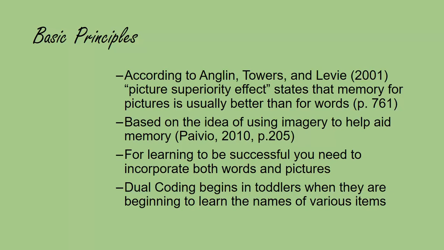For learning to be successful, you need to incorporate both words and pictures. This goes back to the picture books for children that have the words and the picture. So for example, if they saw a fire engine or a fire truck, they would see the word below the picture, and it's going to help them remember it even better.